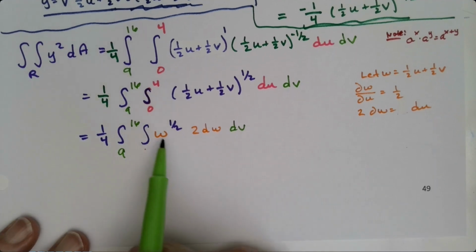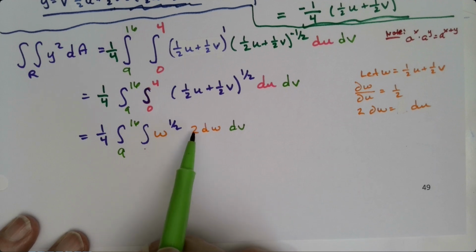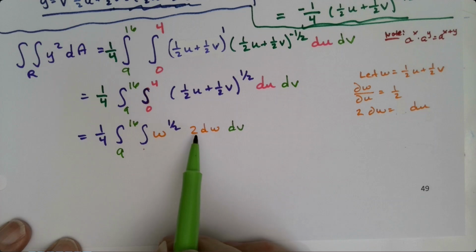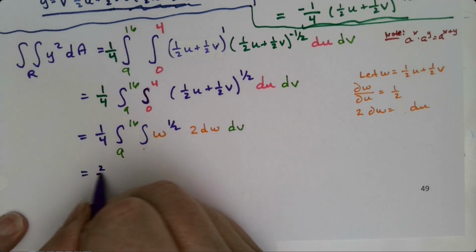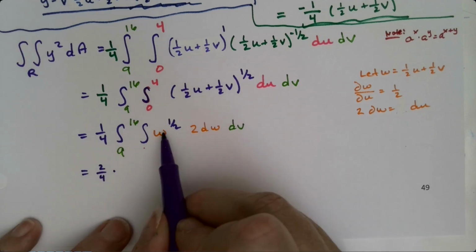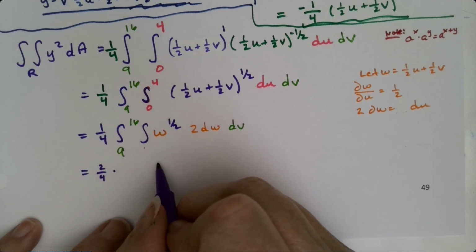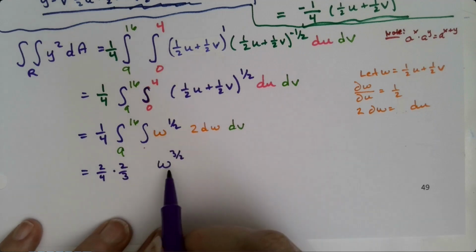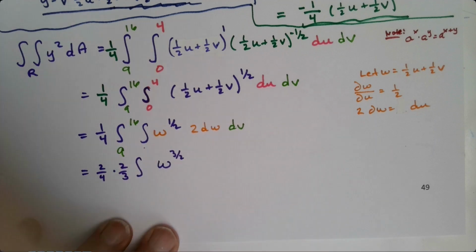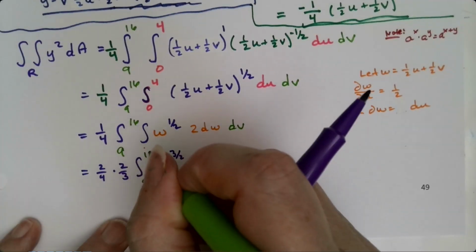Okay, so then the integral of this would be, we'd bring the 2 out, so it'd be 2/4 out in front, which I know is a 1/2, but bear with me here. And the integral of this would be w to the 3/2 times 2/3. Then I'm going to integrate this from 9 to 16.